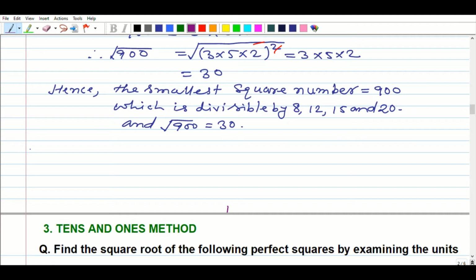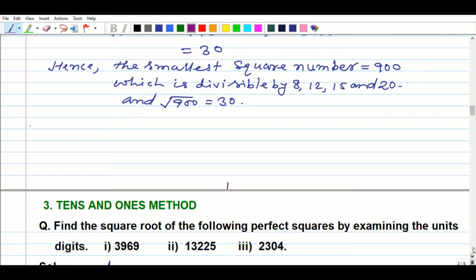Here I have written: find the square root of the following perfect squares by examining the units digit, right?